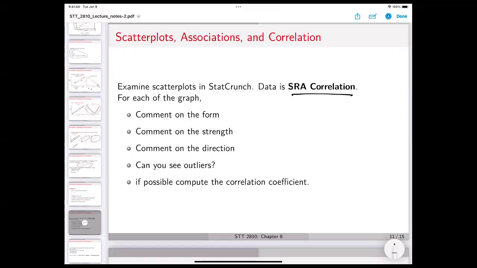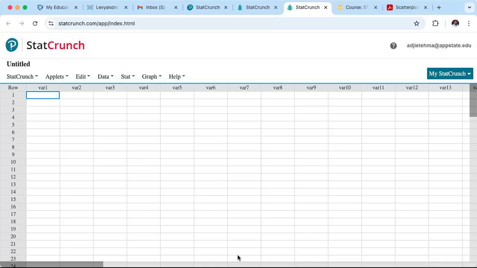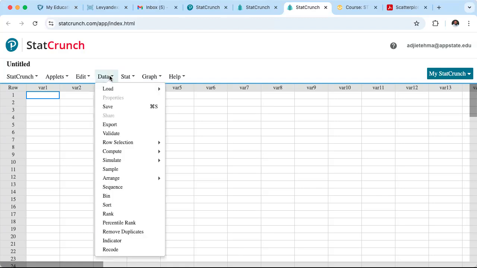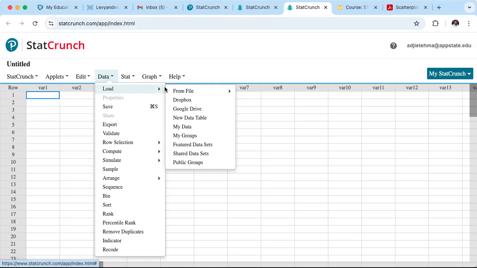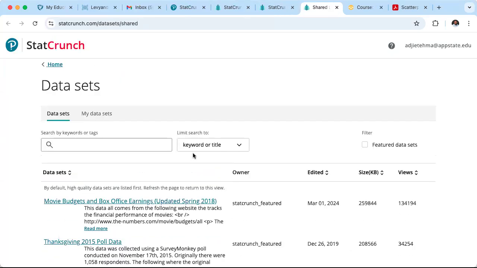So to get to StatCrunch, so I have StatCrunch here. Let's try to load the data. We go to data, load, share data set, and then SRA.